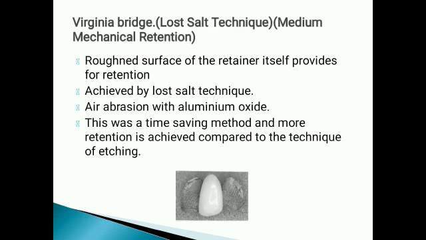The retainer wax patterns are fabricated using resin. 150 to 250 micrometer salt crystals are sprinkled on the cast prior to resin fabrication. The salt crystals get incorporated on the tissue surface of the resin pattern.